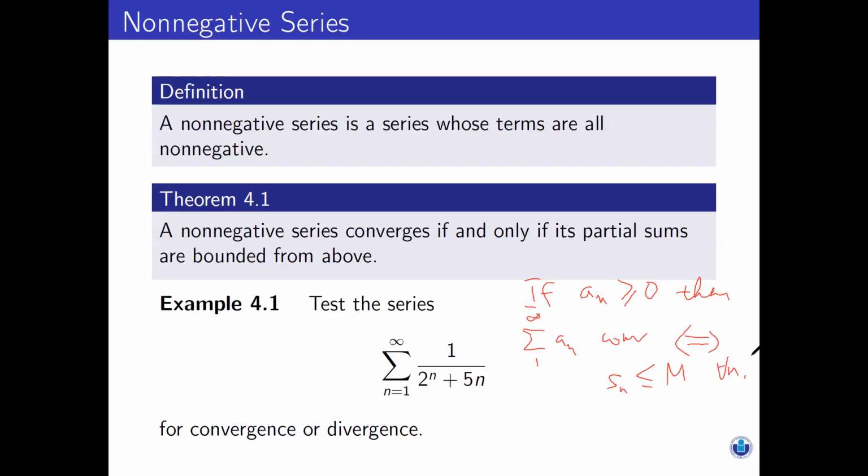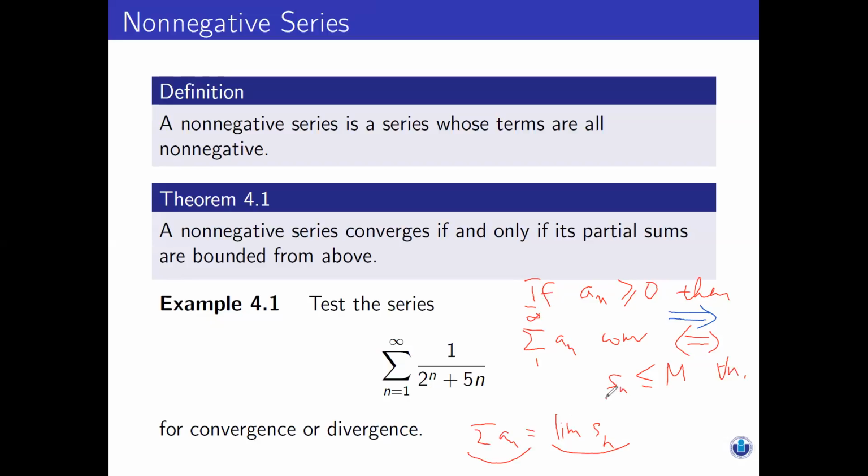Now one direction is easy. This direction we already saw, because if you have a convergent series, then the series is defined via the limit of its partial sums. And if you know that this limit exists, then that means that S_n converges. And we know, I think we proved this, that if a sequence converges, then it must be bounded from above and below.